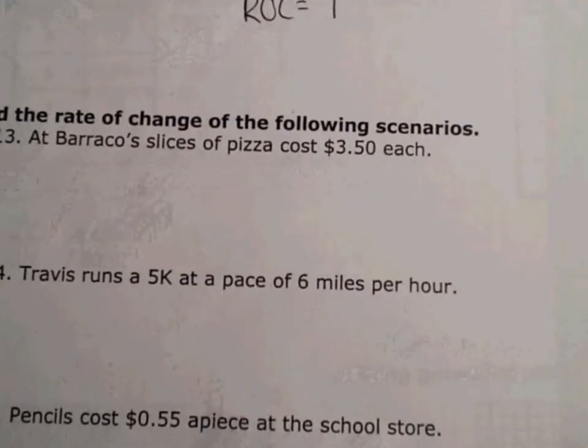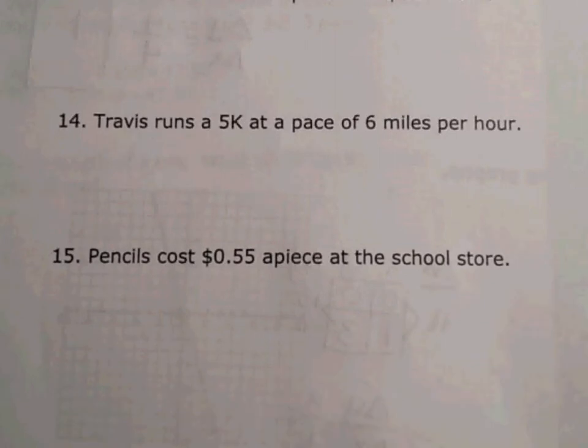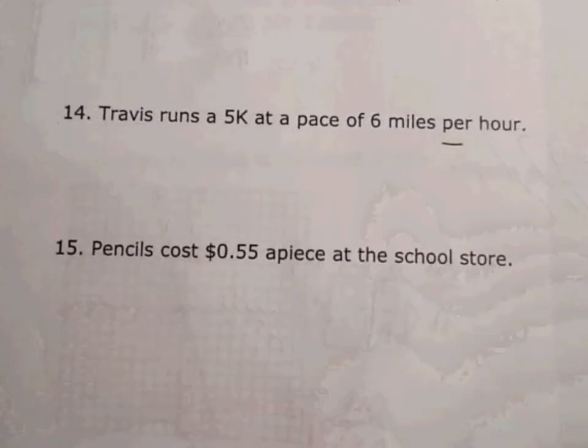The last thing that we're going to do is we're going to talk about scenarios. So let's go ahead and look at number 14. And number 14 says Travis runs a 5K at a pace of 6 miles per hour. So in our ISN, we were looking at keywords that would help us, and one of those words was going to be per hour.